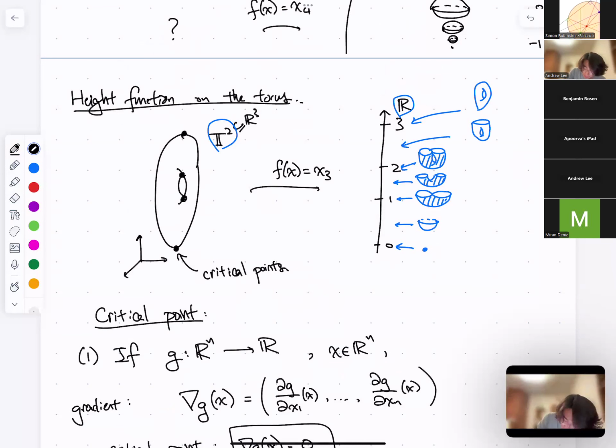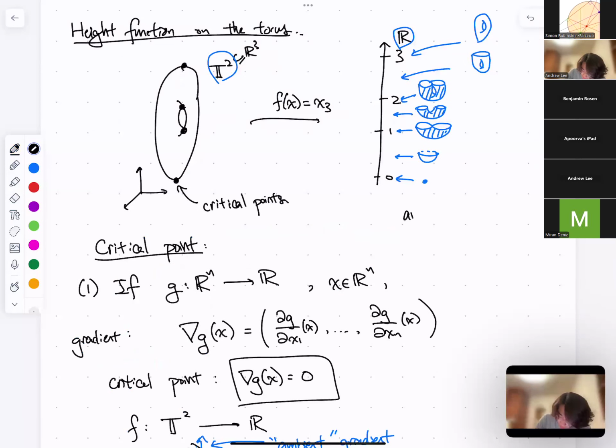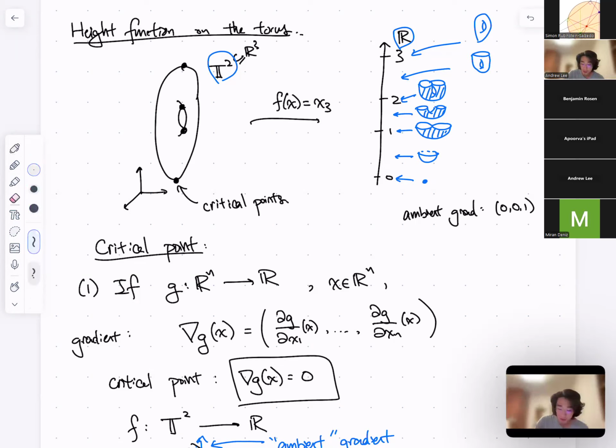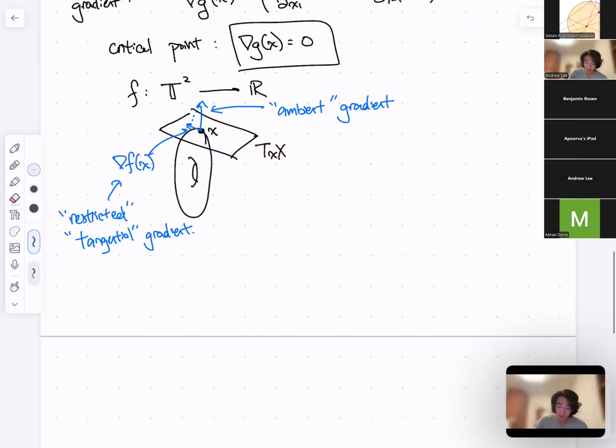And so the ambient gradient is just going to be (0, 0, 1). So it's the constant vector pointing upwards. Then this question comes down to: what is the tangent plane at each point? And if the tangent plane is parallel to the xy plane, or the x1, x2 plane, then it has to be a critical point. So that's the first way of thinking about critical points.